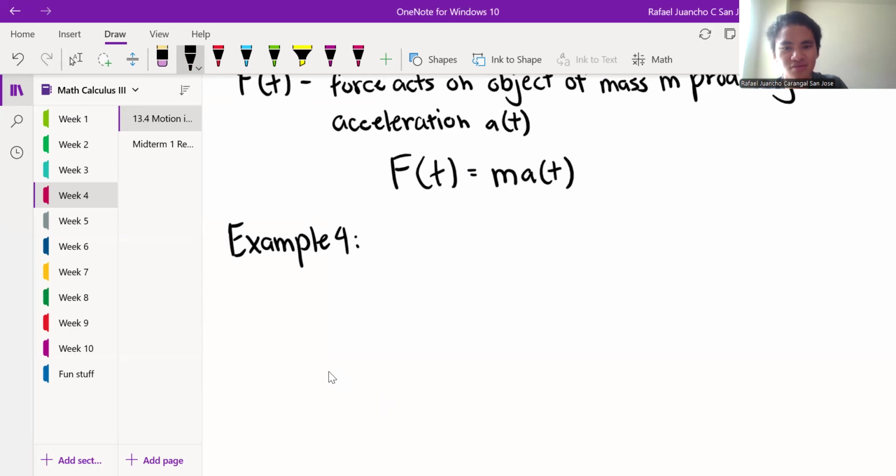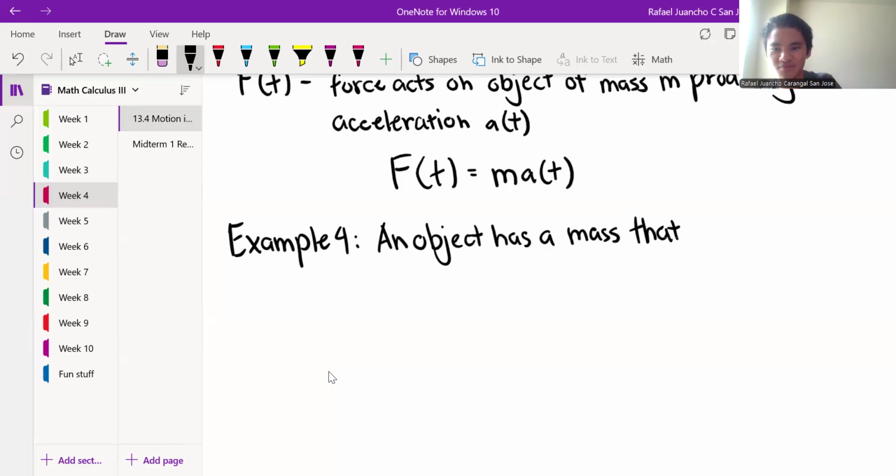Okay, so we're given an example here. We're saying that an object has a mass that moves in a circular path. So there's something about circular motion. So this object moves at a circular path.